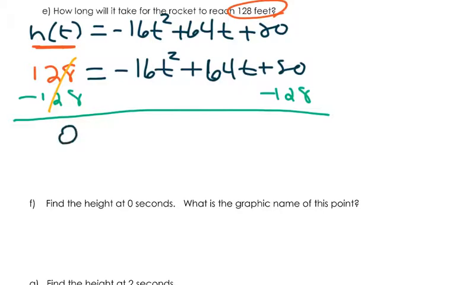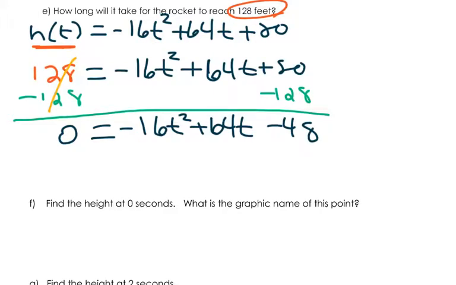I'm going to have 0 equals negative 16t squared plus 64t minus 48. Now that it's equal to 0, I can start looking at my factoring methods, and I can see that negative 16, 64, negative 48 all have a GCF of negative 16.